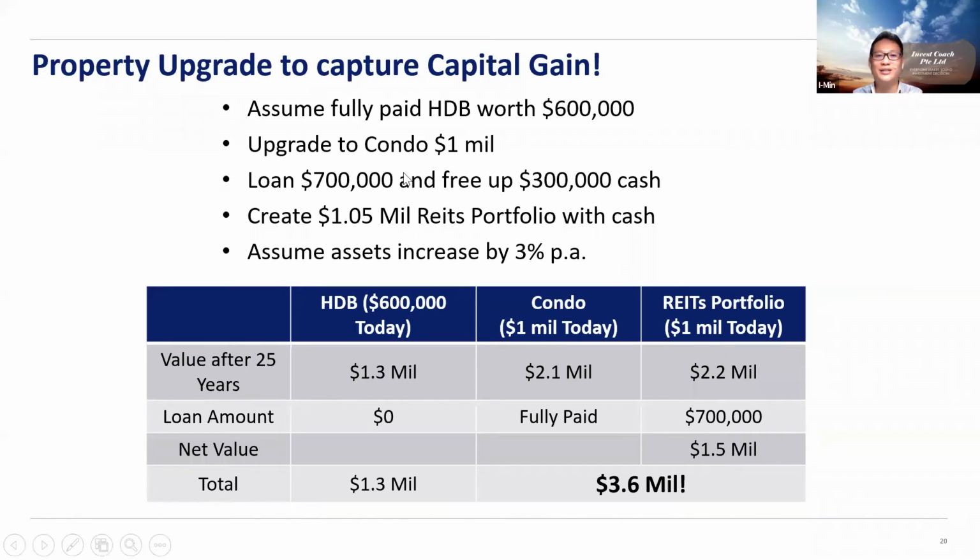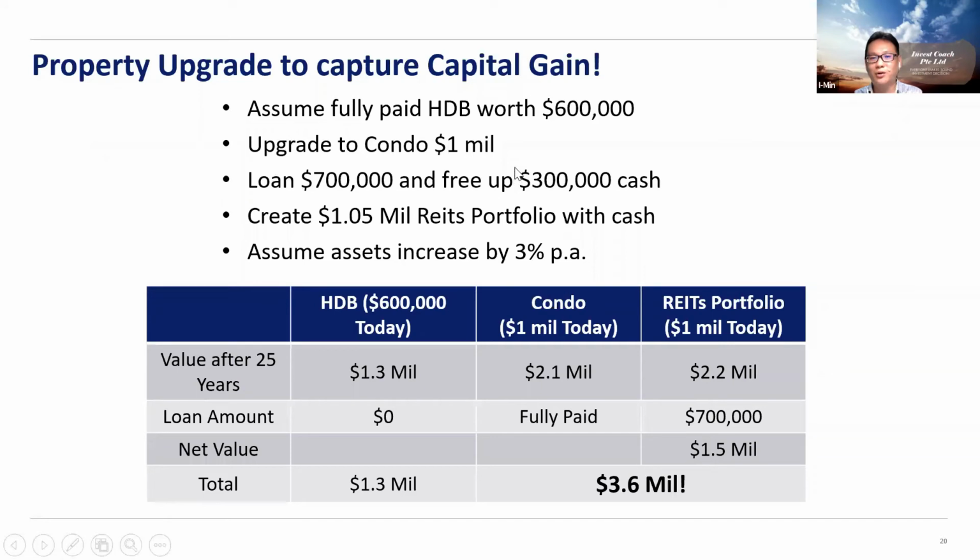So assuming you have 600,000, you sell, and you go and buy a 1 million condo. So this $300,000 you have to put as deposit. You go and loan 700,000. The other $300,000, you go and do this margin on REITs. So for this 700,000, by right, you have to pay $3,000 monthly to service a mortgage.